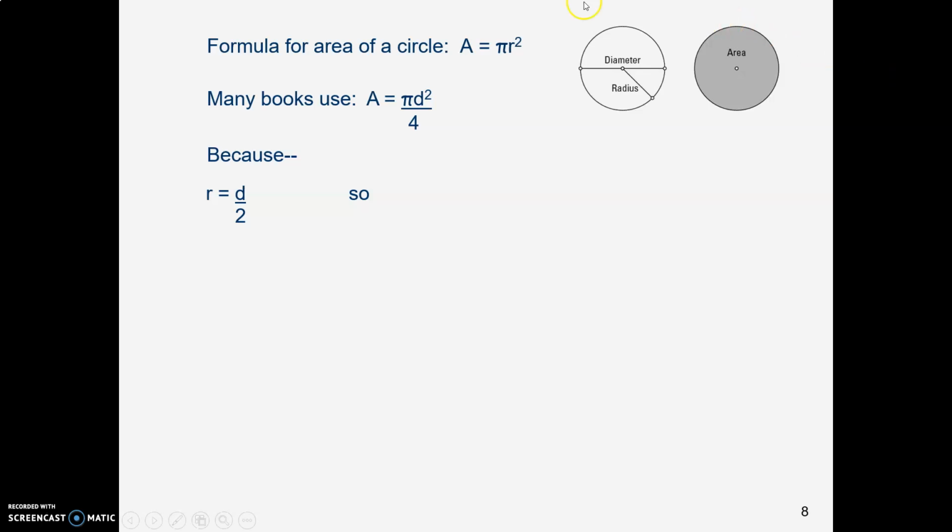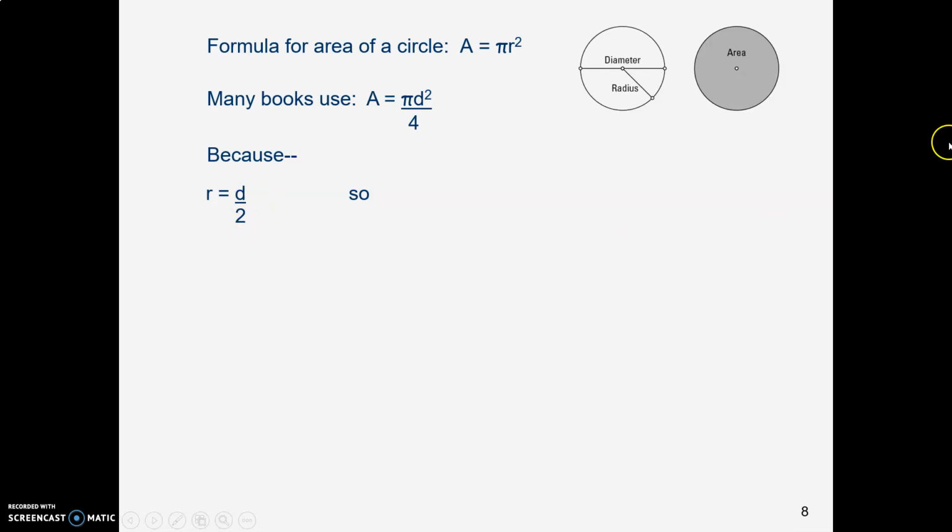Radius is just half the diameter, and if you look at a circle, that makes sense. Here's the full diameter going across the circle. Half the diameter is the radius. So if you want to write it in a mathy way, radius is the diameter over 2.